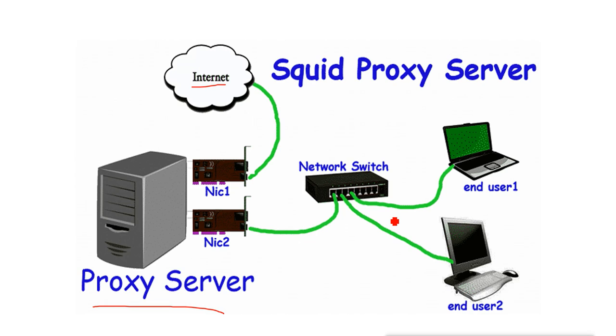Now what happens in the proxy? Suppose these are the end users. When these end users want to access something from the internet, they send a request to the proxy server that they want to access Facebook.